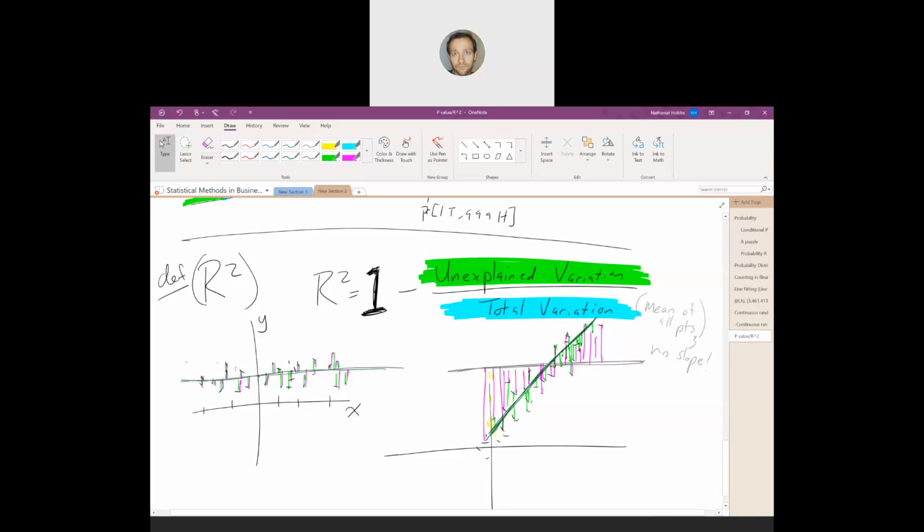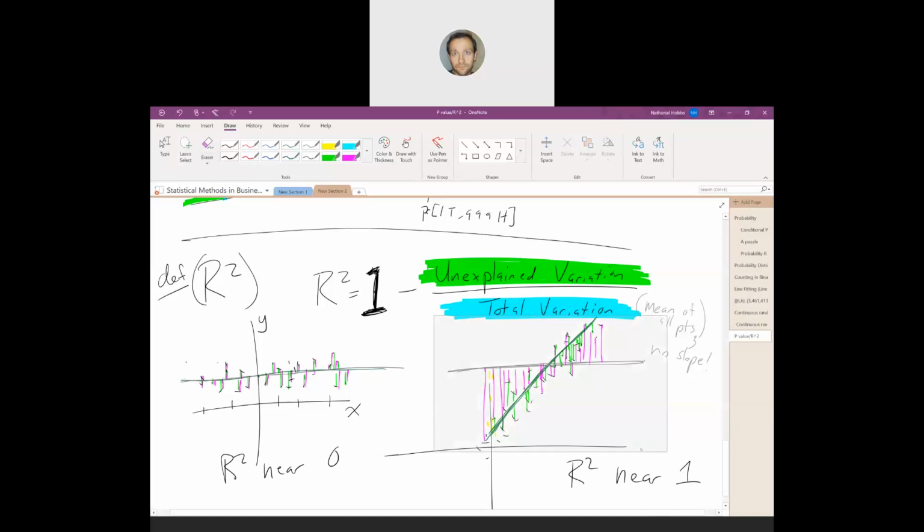So here, the unexplained variation and the total variation are about the same. So that is close to 1 as a ratio. 1 minus something close to 1 is close to 0. So this has an R² of close to 0. R² near 0. This has an R² near 1.